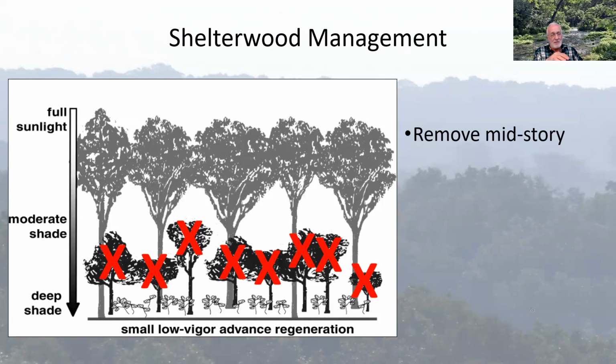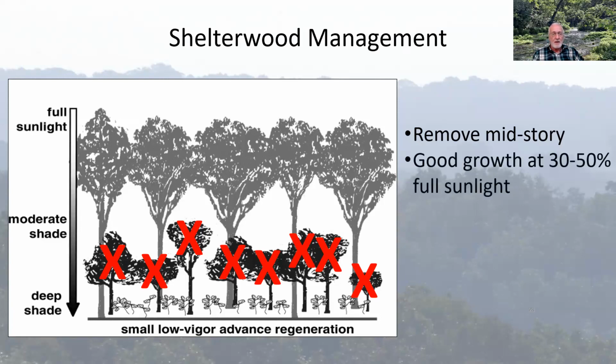I'm not saying we eliminate everything in the forest, but you've got to take out this midstory or really weed the garden. So when you do that, you'll get good growth, about 30 to 50% full sunlight.